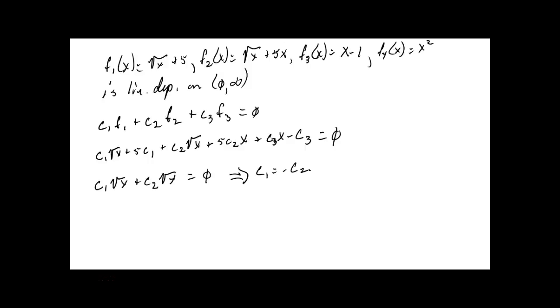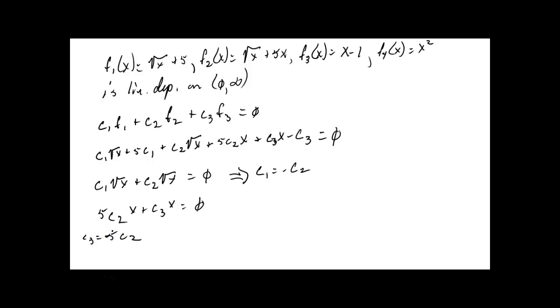Okay with that? Okay, let's take our x terms. This says that 5C2x plus C3x also would have to be 0, so that indicates that C3 is equal to negative 5C2.